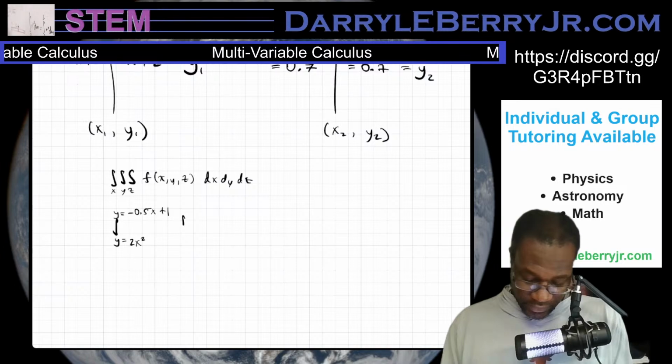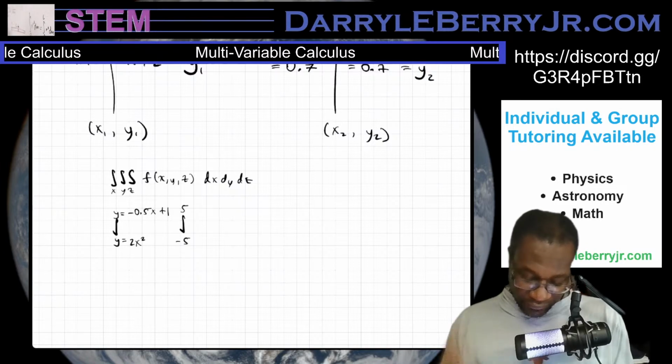We have z would be from negative 5 to 5, if I recall.